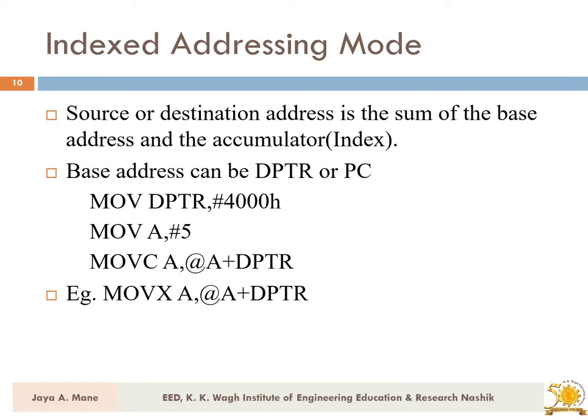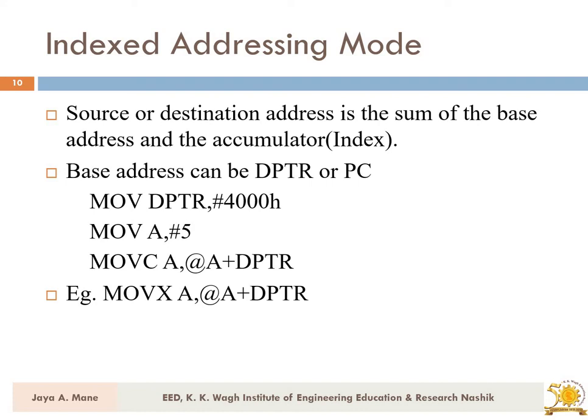Suppose you have a memory of thousands of locations, and you want to jump directly to the 100th location or the 4000th location, not just the second. We can do that by adding the offset to the base address.